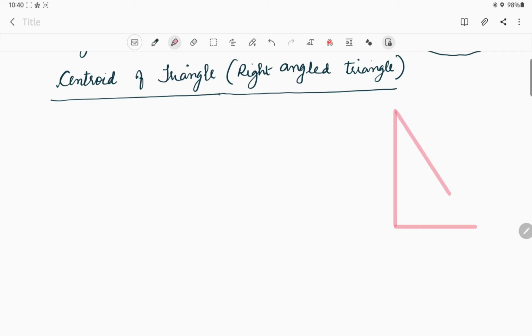This is our right angle triangle. Now this must be clear. And this is my x axis and this is my y axis.